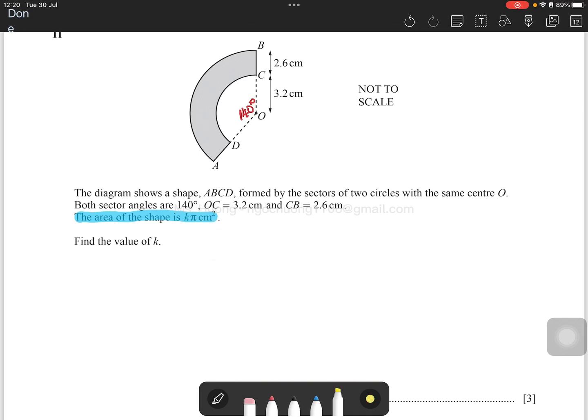So first, we see that the radius of the smaller circle is 3.2. And we also need to find the radius of the bigger circle, which means we need to find the length of OB. OB is equal to 2.6 plus 3.2 equals 5.8 centimeters.